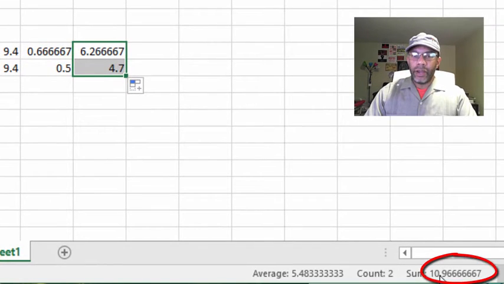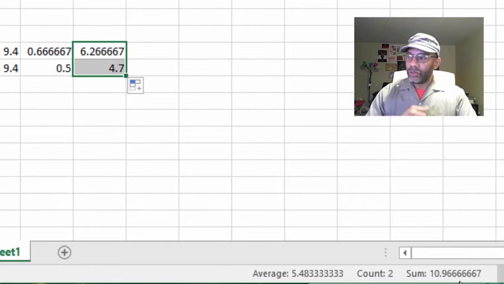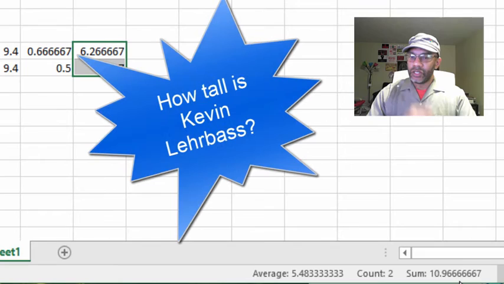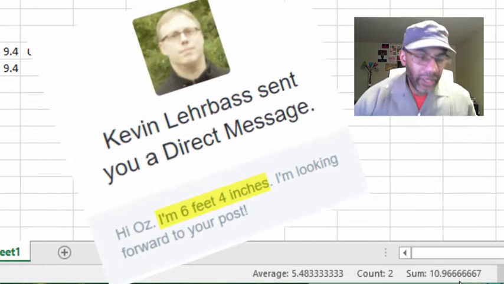Kevin Lehrbass would be about 11 inches taller than me. So that would put him about 6'3". Yeah, 6'3", 6'4". Man.